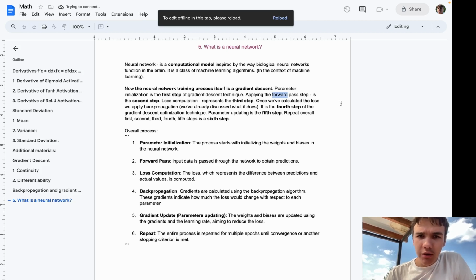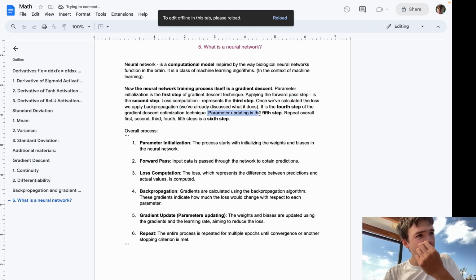You are talking about the gradient descent technique as if it consists of the first step of initialization and the second step of forward pass inside itself, which commonly shall not be so, because I thought gradient descent is the loss computation, then applying backpropagation, and then parameter updating. But no, actually I also thought that way. Forward pass is not a training, okay?